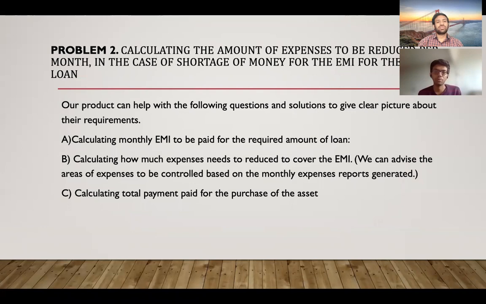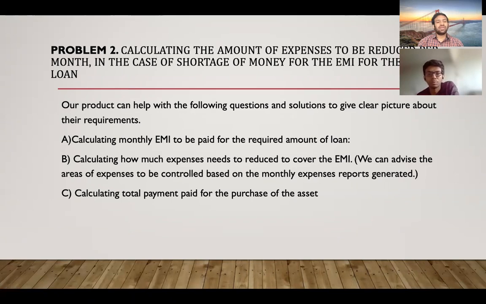Coming to the next question: calculating the amount of expenses to be reduced per month in the case of shortage of money for the EMI for the targeted loan. Our product can help with the following questions and solutions to give a clear picture about their requirements. Calculating monthly EMI to be paid for the required amount of loan. Calculating how much expenses need to be reduced to cover that EMI.